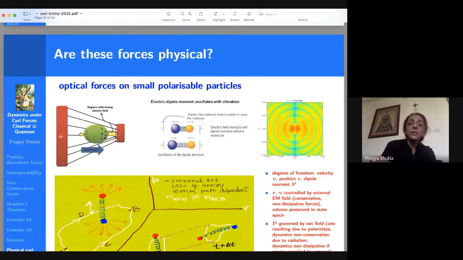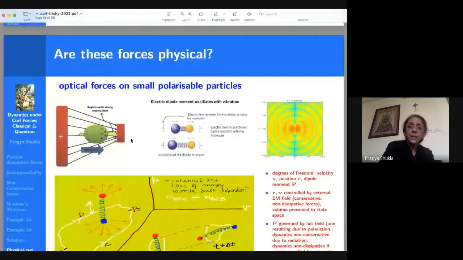If the electric field is not only changing in time but also changing in space, then what happens? The dipole, which is oscillating, also feels the change of the electric field every time it oscillates, and therefore other kinds of complexities appear in the problem, and it no longer remains simple dynamics.